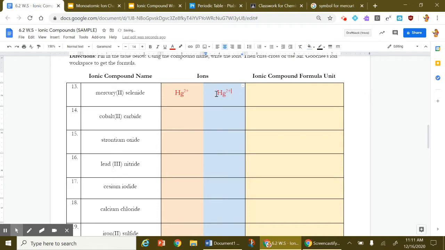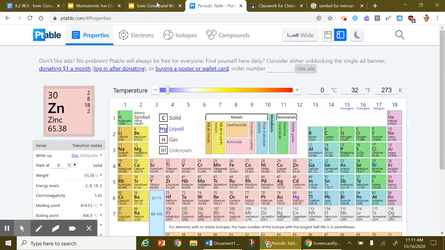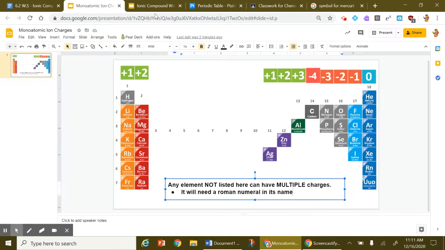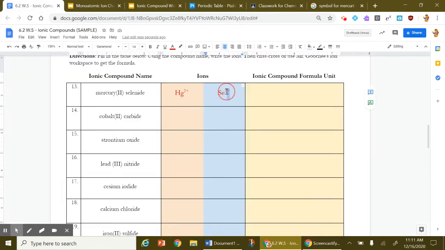And selenide, that's selenium, Se. And what is the charge of selenide? Selenium is 2 minus. So what's the formula? Well, this is actually pretty easy.